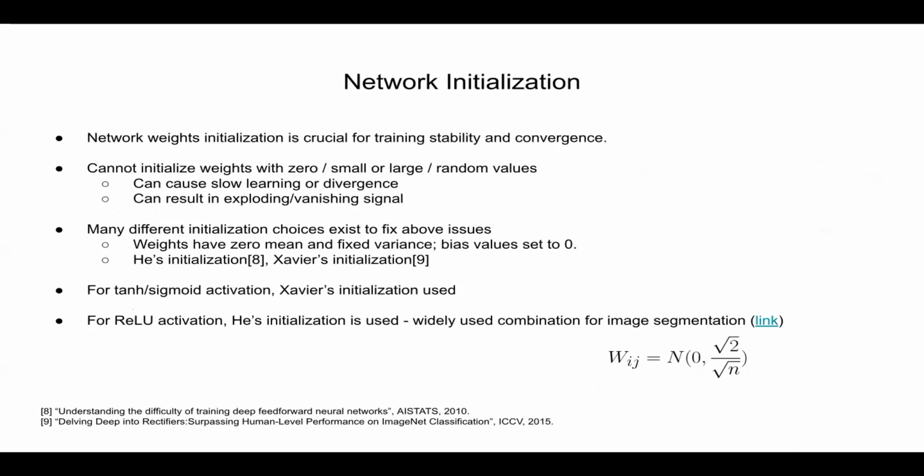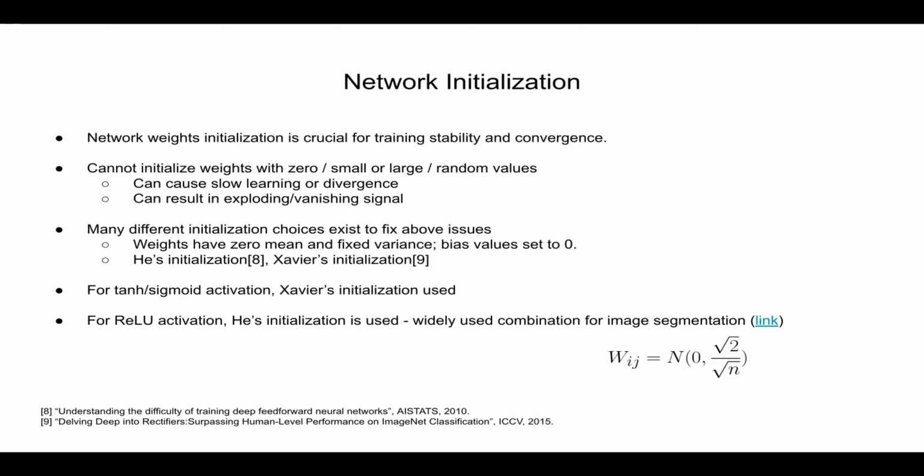Coming to network initialization, I think currently everyone uses the right set of initialization, but previously there was a lot of debate on what kind of weight initialization should be used, because this is quite crucial for network training, stability and convergence. We do not want to assign any of these weights with 0, small or large or random values.